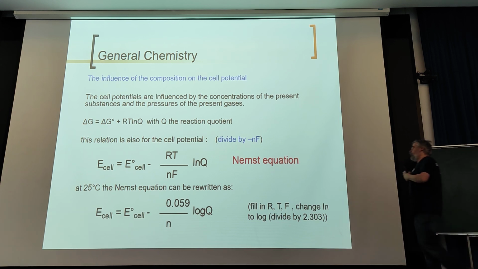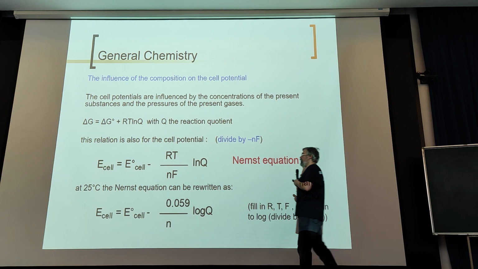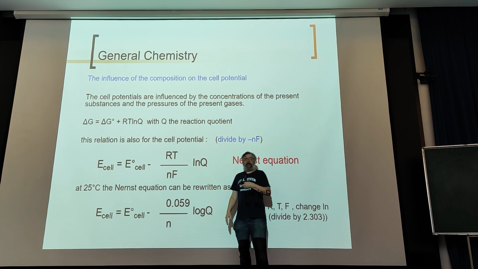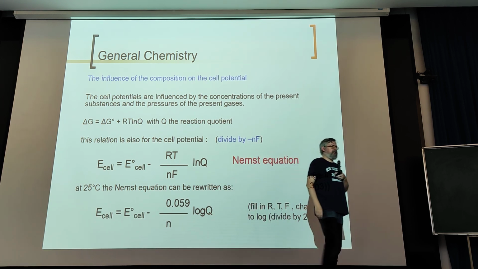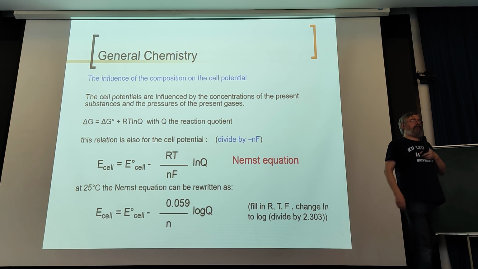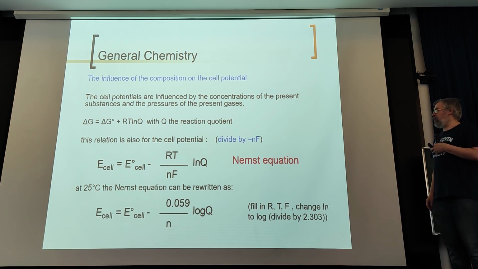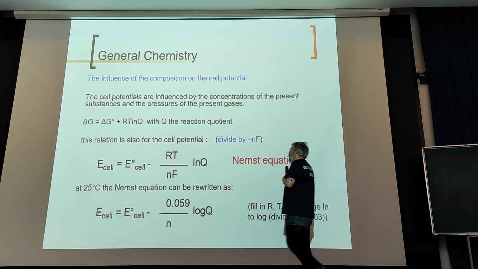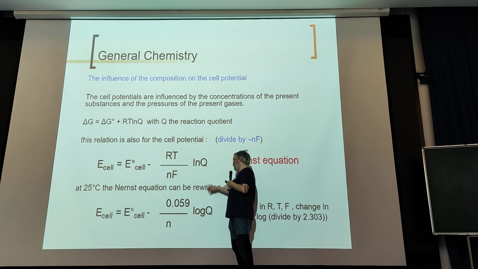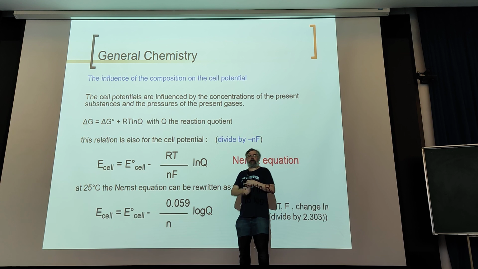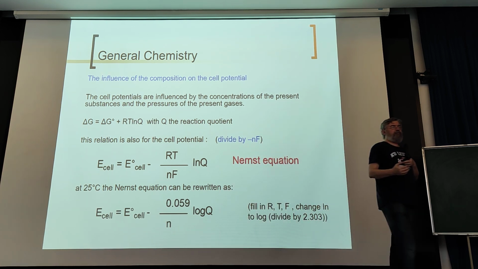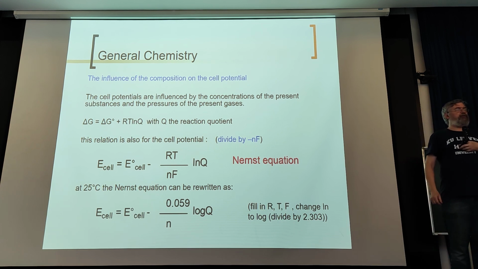So this is a natural logarithm, and people prefer having decimal logarithms. So this is now converted into the expression which you find the most in handbooks. To convert a natural logarithm to a decimal logarithm, so the logarithm that has 10 as the base number, you just have to divide by 2.303.